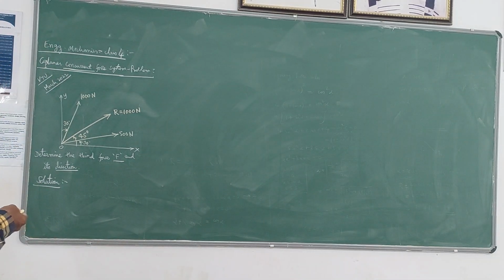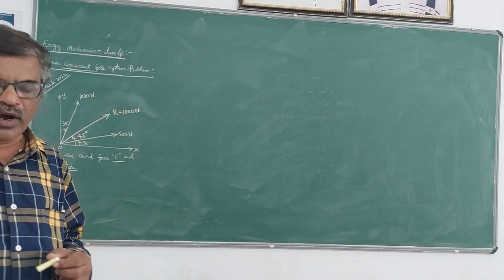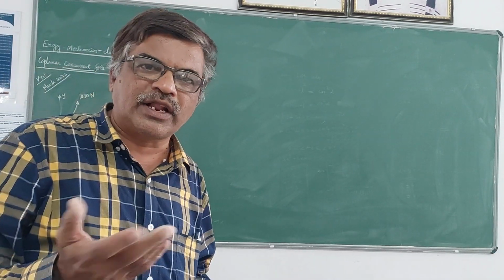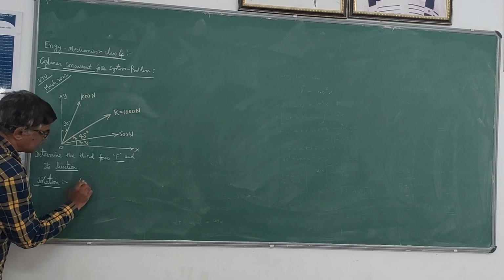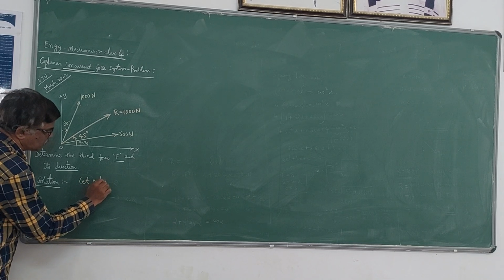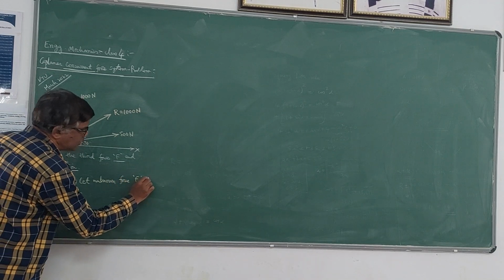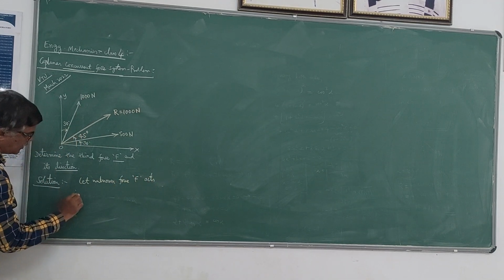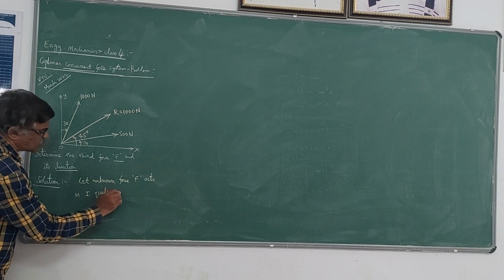When such a problem is given, what we have to do is assume that the unknown force lies in the first quadrant. So let us assume that the unknown force F acts in the first quadrant.